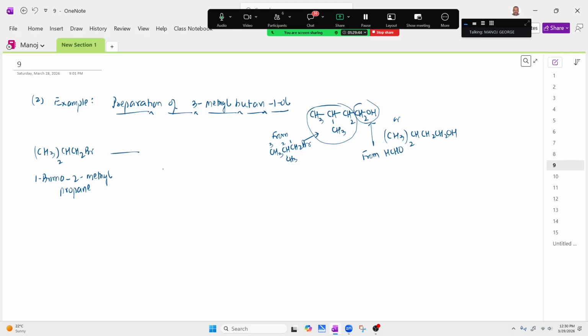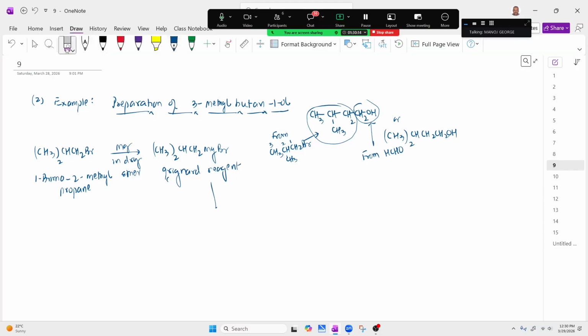So I'm going to react this first of all with magnesium in dry ether, and this is going to help me get my Grignard reagent, which should look like this: (CH3)2CH CH2 MgBr. And once I have that, I'm going to follow this with, so who do I react this with? Remember, we are doing the reaction with methanal, the first of the aldehyde family.